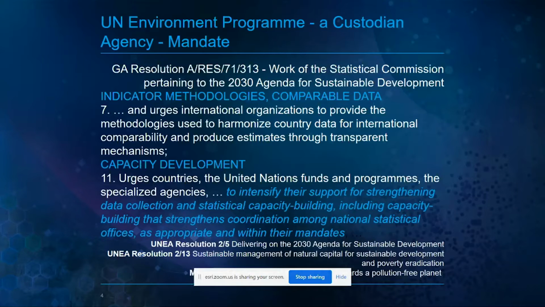Resolution 2/5 of the United Nations Environment Assembly, in the context of the SDG indicators, encourages the Executive Director to continue UNEP's work in a manner that avoids duplication on indicators, to support monitoring the delivery of the environmental dimension of the 2030 Agenda for Sustainable Development.